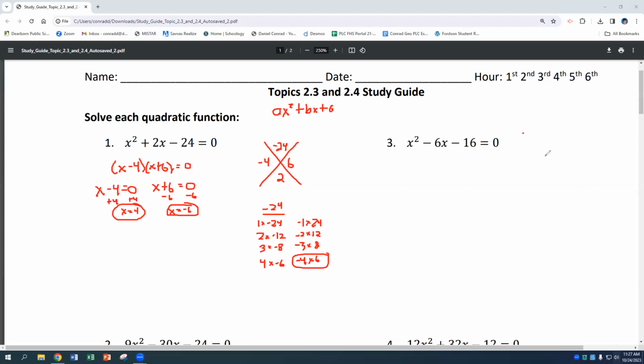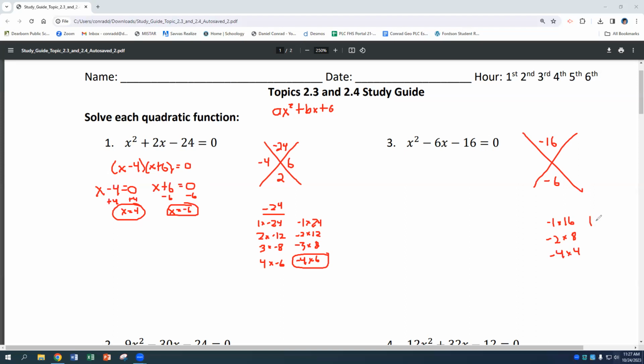Okay, number 3, a is 1 as well, so we need to use that x method again. So we need two numbers that multiply to negative 16 and add to negative 6. Okay, for negative 16, right, we have negative 1 times 16, negative 2 times 8, and negative 4 times 4.